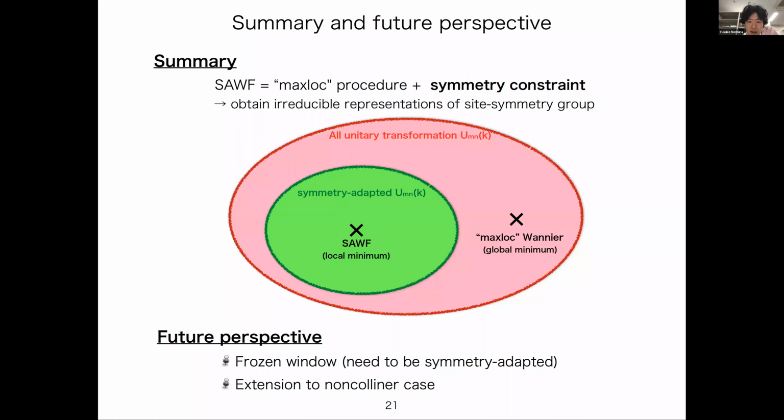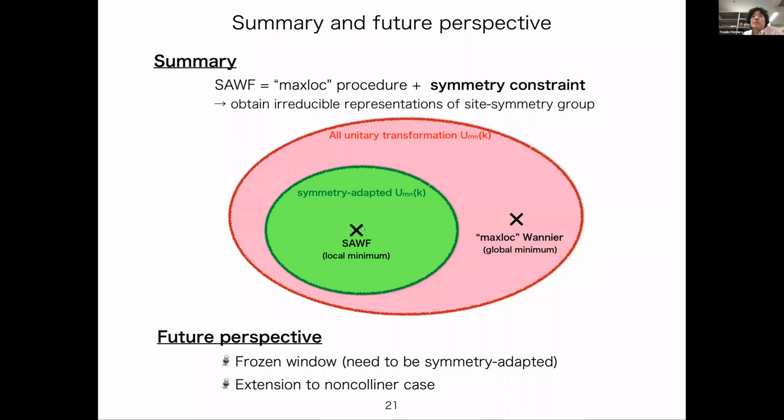The second question is, is it due to numerical or physical reasons that the symmetrized spread minimum is larger than the global minimum? The physical reason is that we restrict the searching space. So this space is always smaller than all possible unitary transformations.